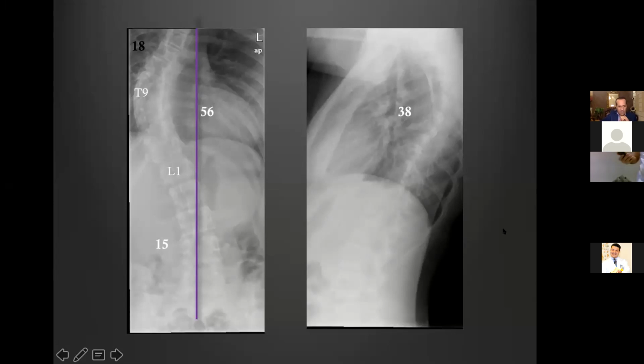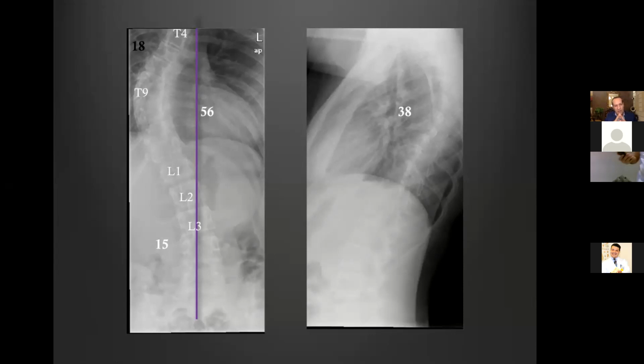This is the lower end vertebra, this is the neutral vertebra, and this is the stable vertebra, and T9 is the apex of the curve.